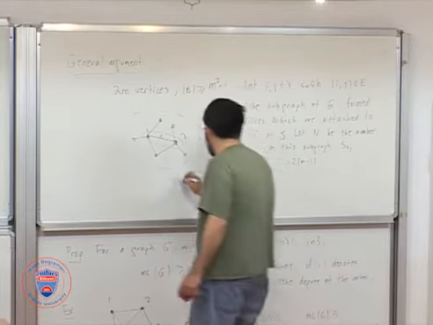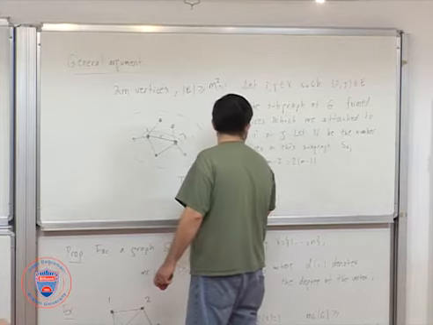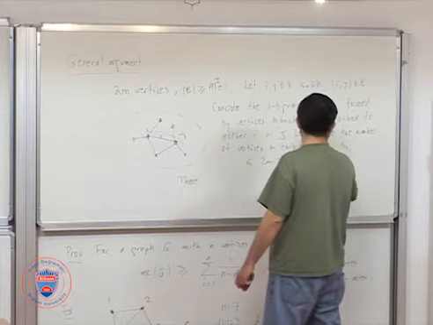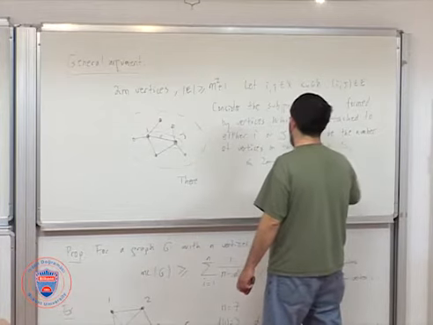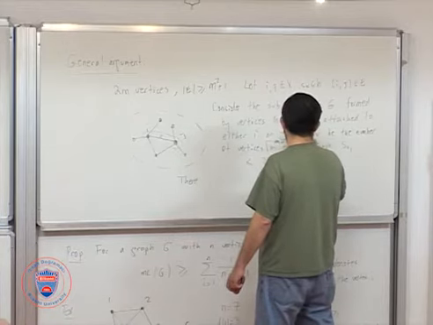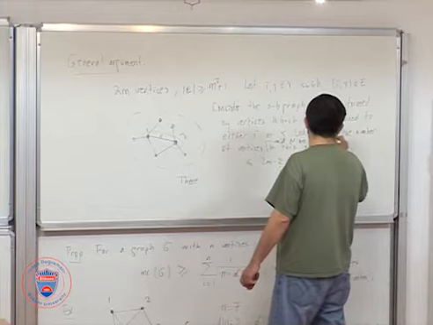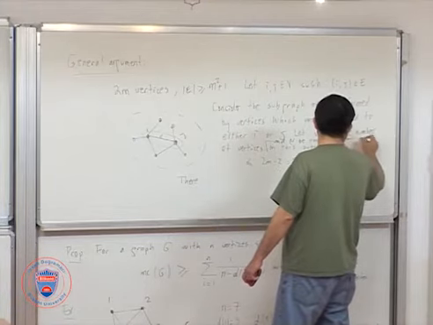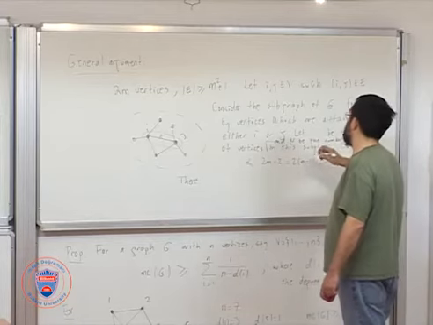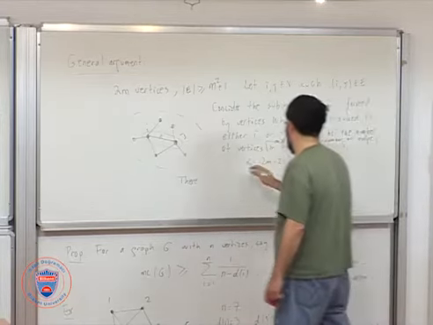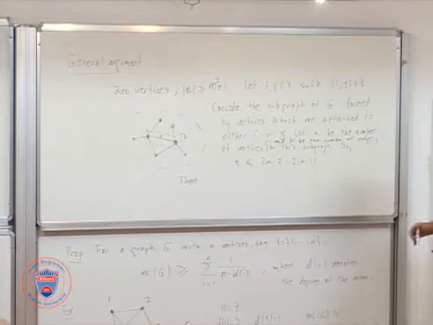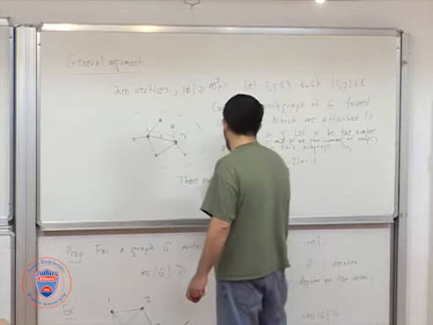So there are two cases. Maybe I should say it this way: let v be the number of vertices and n be the number of edges. So the number of vertices is less than 2 times n minus 1. And there are two cases.